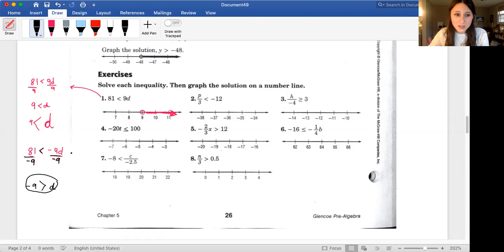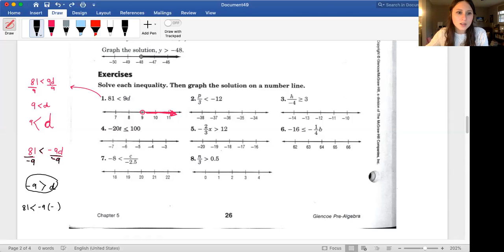And if I plug a solution into my original equation, for example, 81 is less than negative 9 times, what's a number that's smaller than negative 9? Let's just do negative 8, okay? Wait, no, that's not smaller.